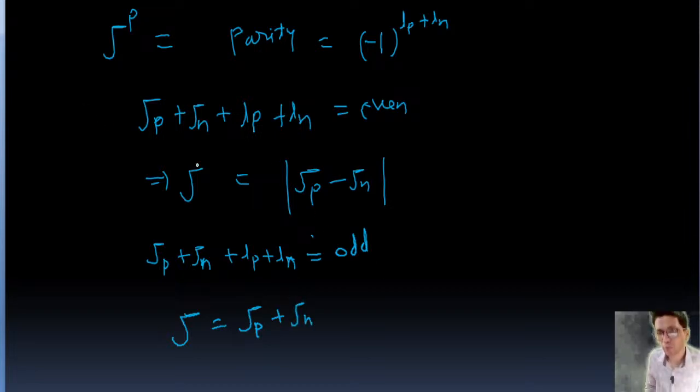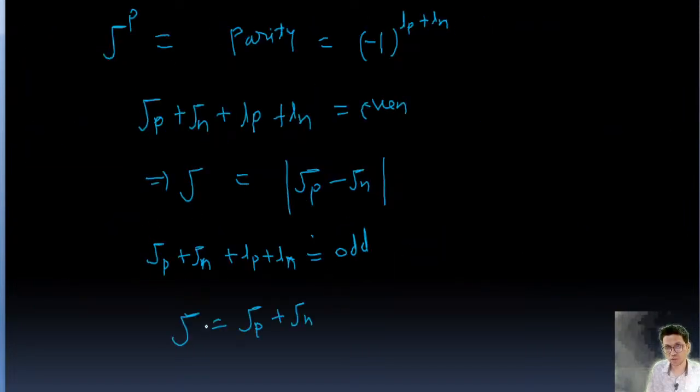Now I will solve a question, then this thing is going to be clear. The question is, we have 5 bismuth 10, and now we need to find out the total value of J.